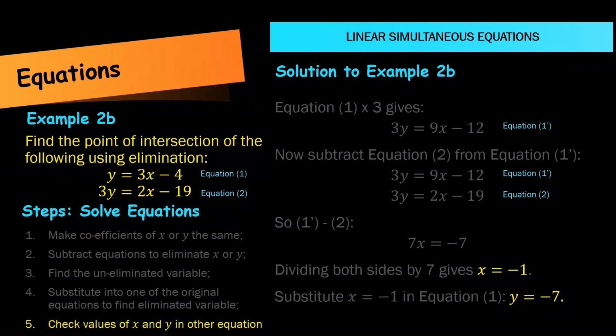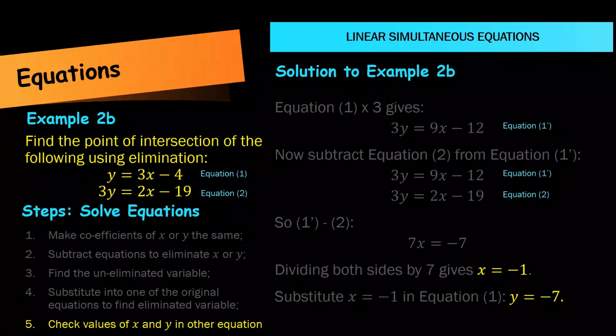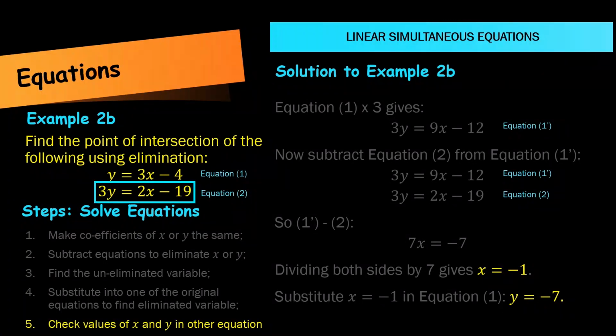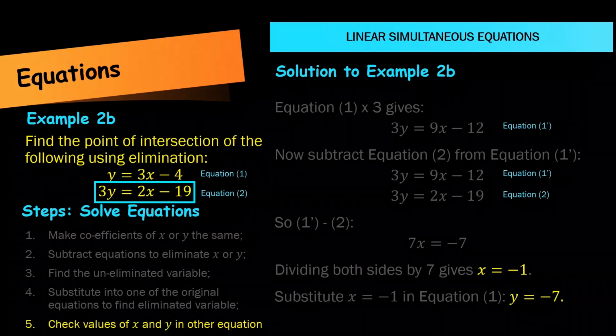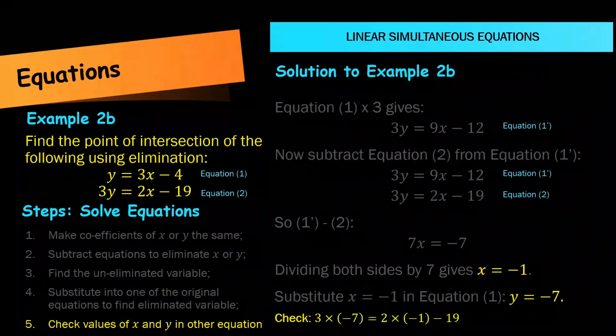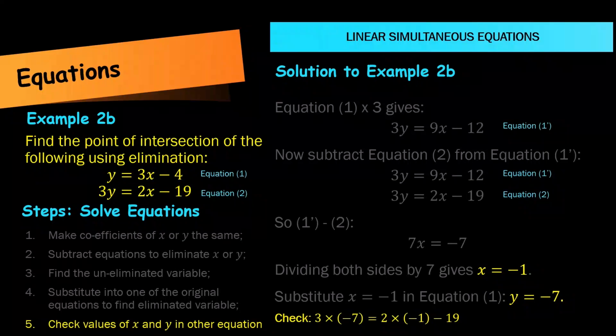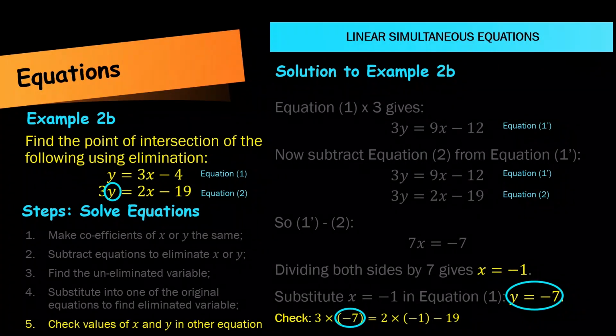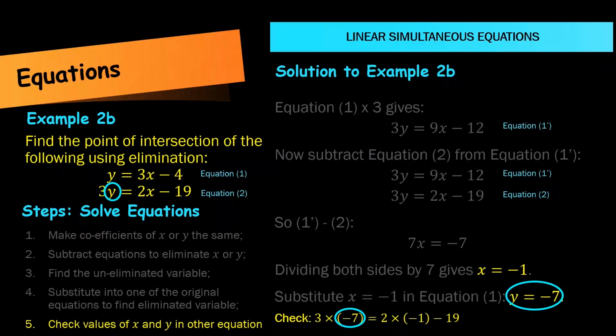Finally, check that the values of x and y are correct in the other equation. So let's substitute these values in equation 2. Substituting x equals minus 1 and y equals minus 7 in the equation gives 3 times minus 7 equals 2 times minus 1 minus 19.